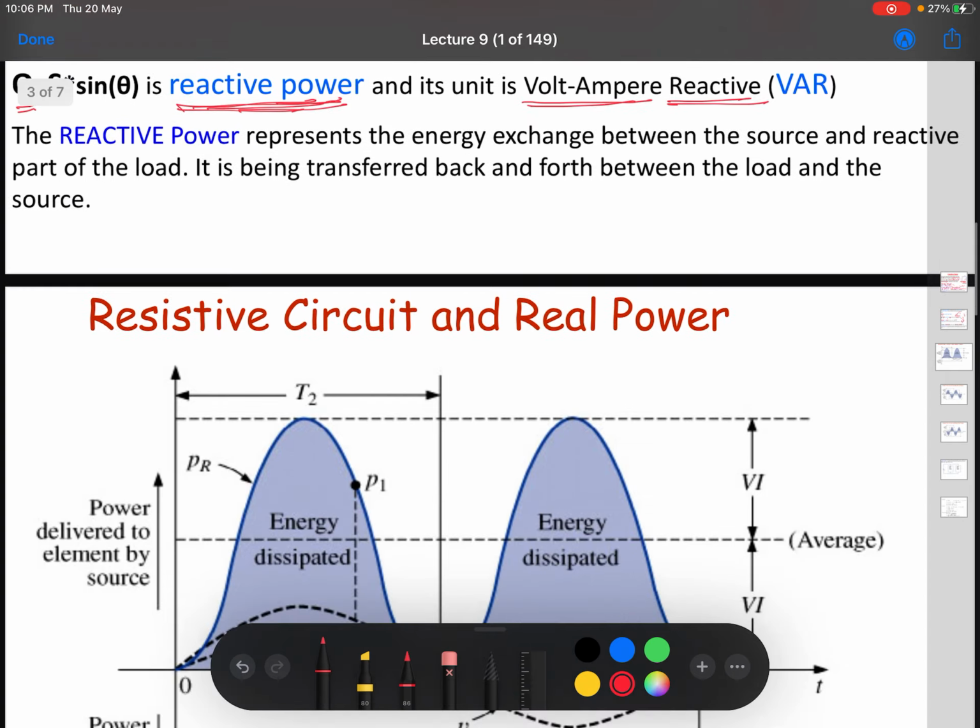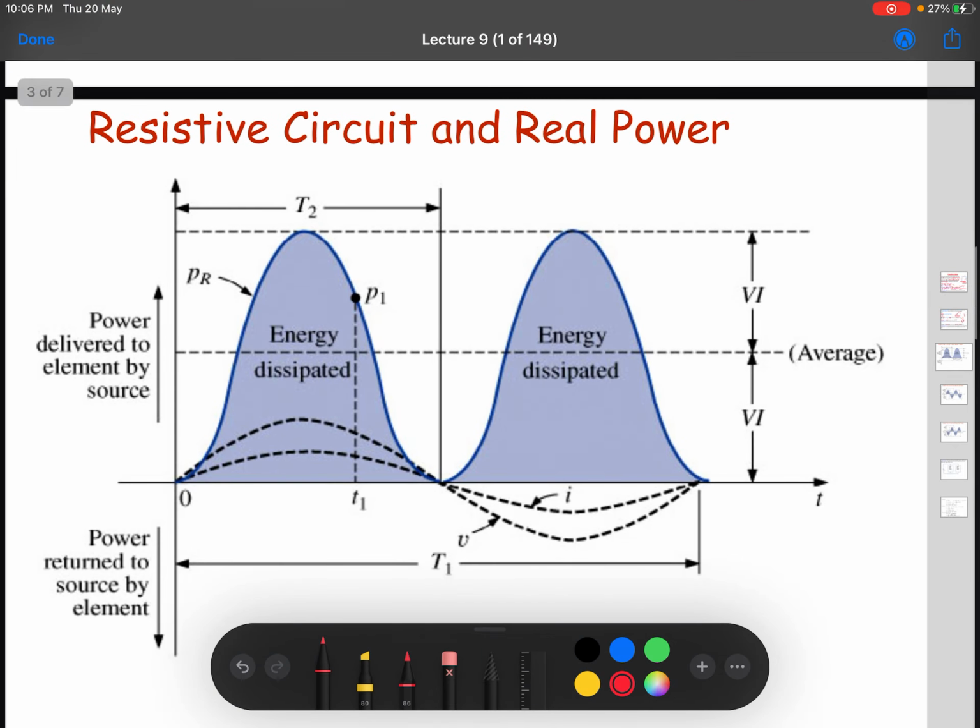Now let us see what kind of real power or reactive power it is. Here I am taking a resistive circuit. In this ZL, only resistance is there, and you have an AC being supplied to it, and therefore current is also AC.